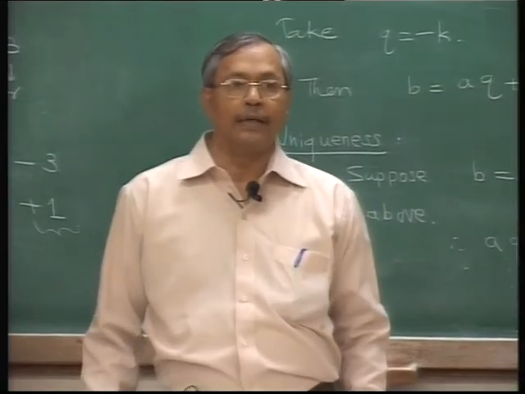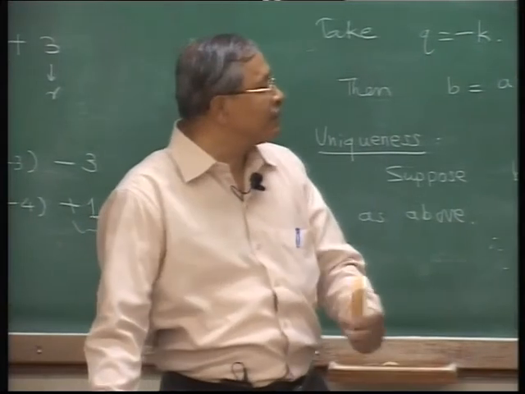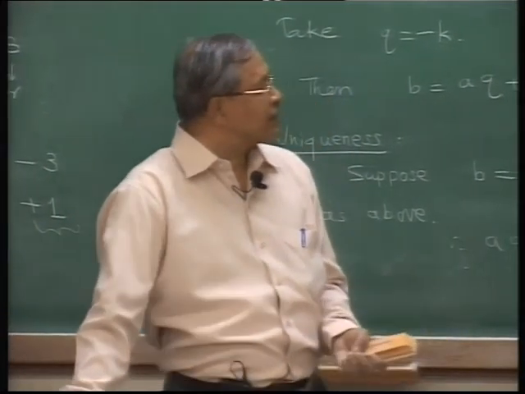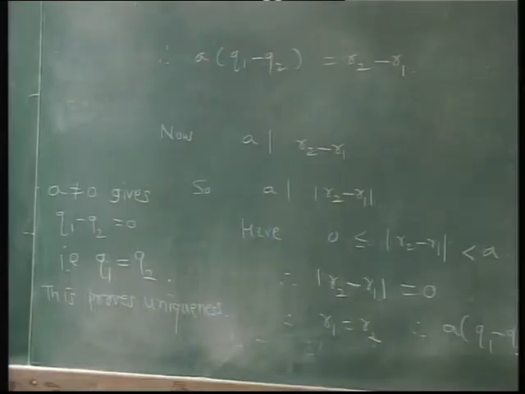We have obtained these q and r by a specific procedure. So we are writing these numbers b minus a, b minus 2a, etc. on one side, and then b plus a, b plus 2a, b plus 3a, and so on.